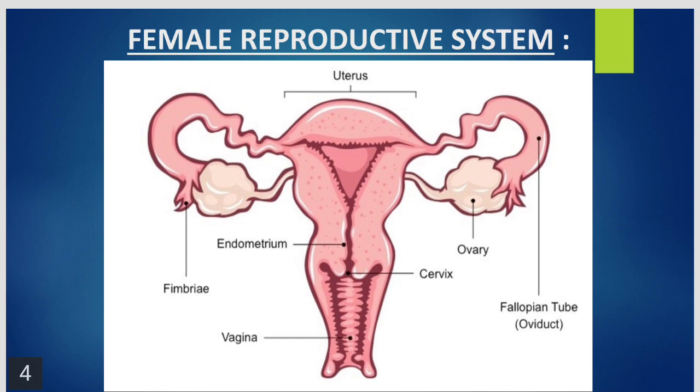That is, the embryo is getting attached to the endometrium. I will show you in my next slide how the development takes place. Now you understand? The female reproductive system consists of a pair of ovaries, which are present in the abdominal cavity, a pair of fallopian tubes or oviducts, uterus, and of course the vagina.